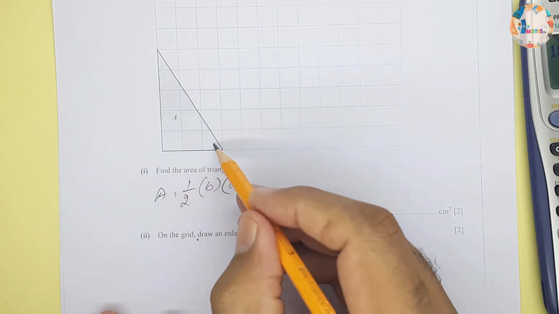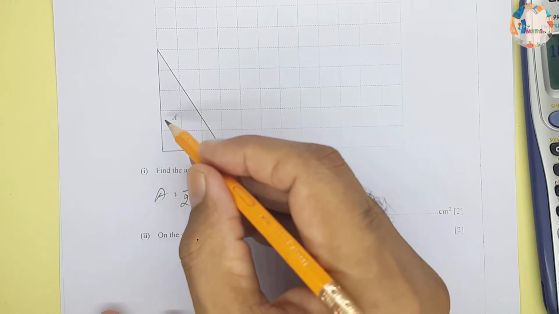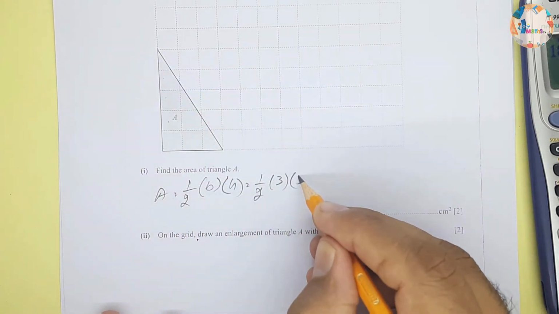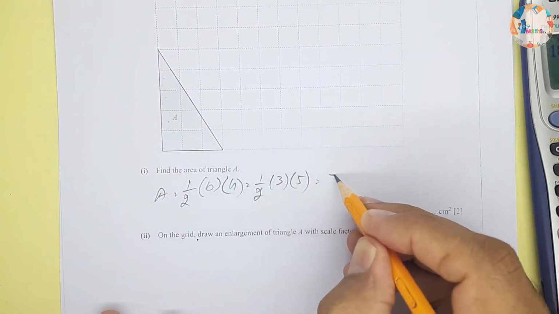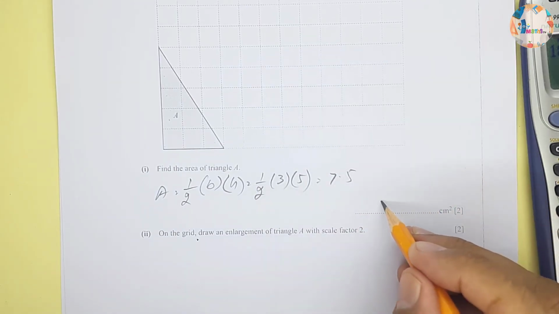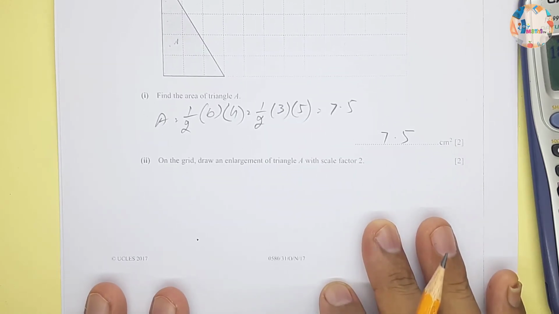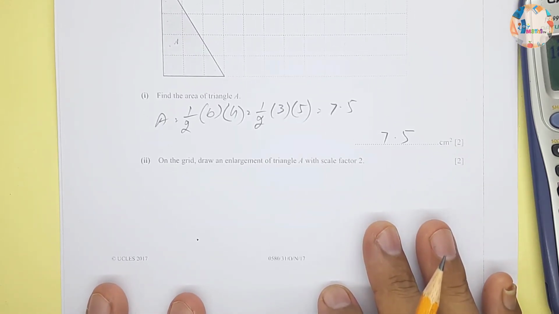So base is 1, 2, 3 units. So 1 by 2 into 3 into height, which is 1, 2, 3, 4, 5 units. So 5. So 15 by 2 will be 7.5. So this will be equal to 7.5 centimeters square.